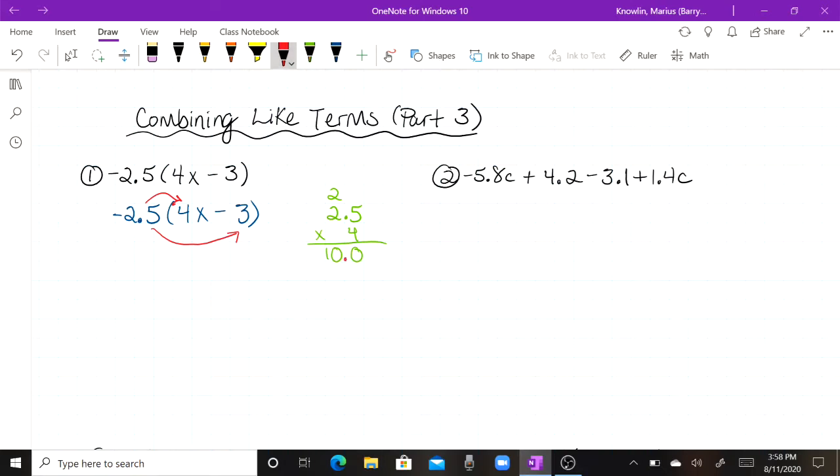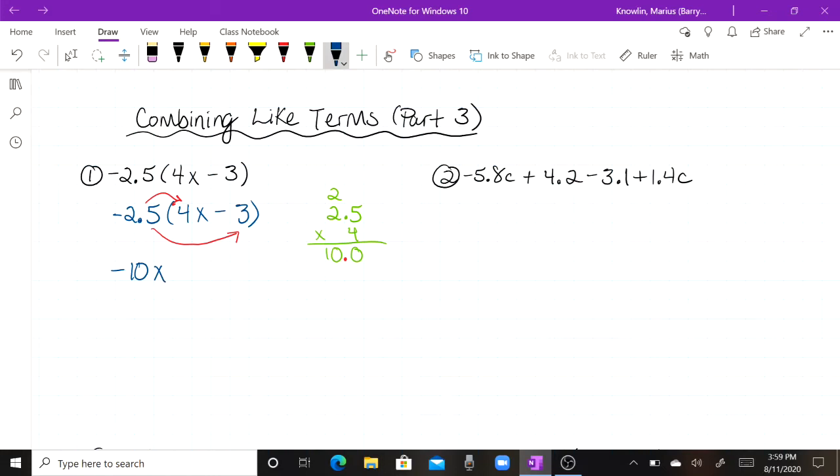So one digit should be after the decimal. So that is 10, and we know that a negative times a positive is a negative. So when I do negative 2.5 times 4, that's going to give me negative 10, and I keep the x.